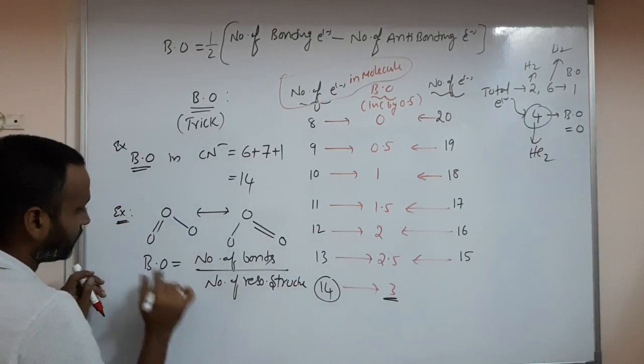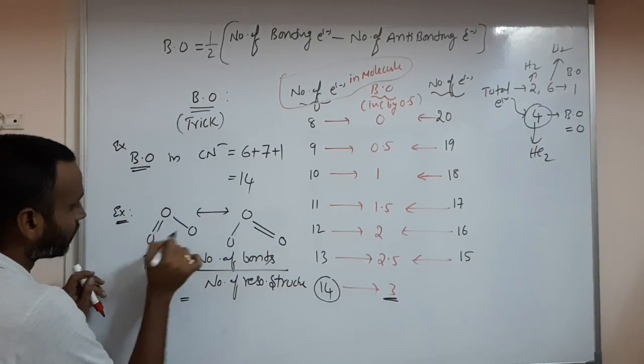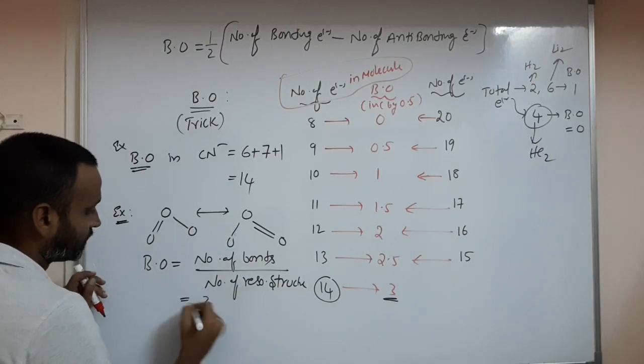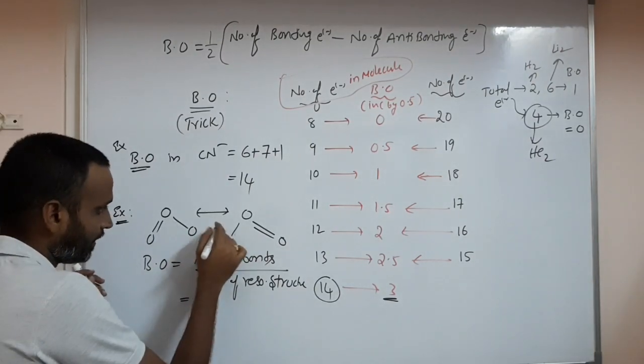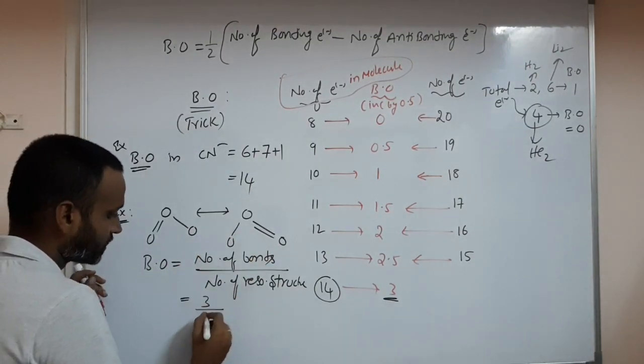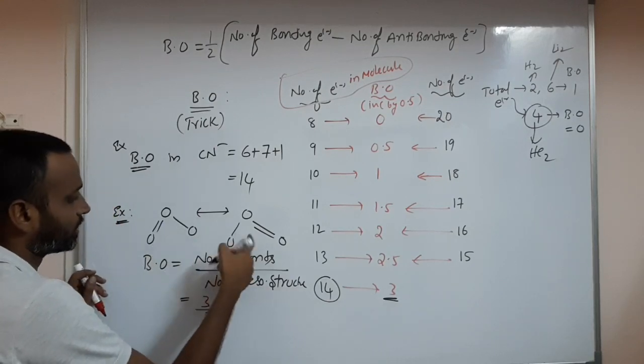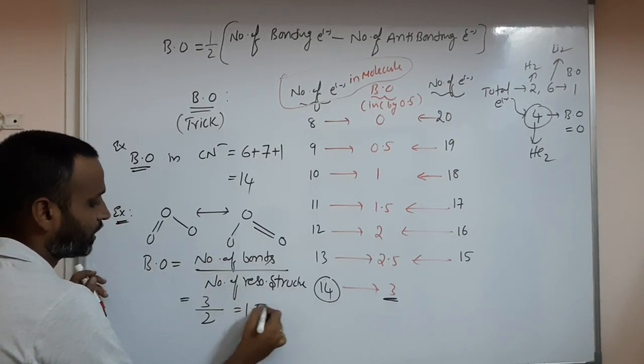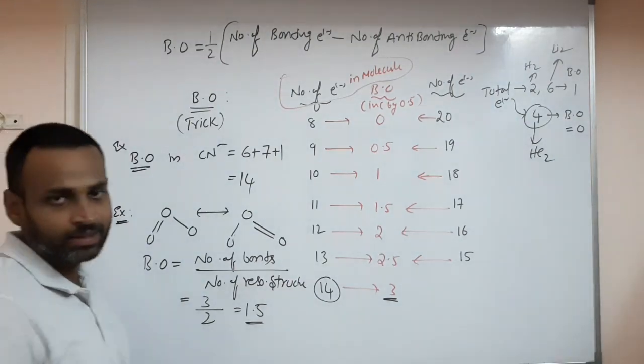So here in O3, how many bonds are there? Total bonds 1, 2, 3. And here how many structures are there? This one structure, this is the another structure, 3 by 2. So 1.5 is the bond order, like that.